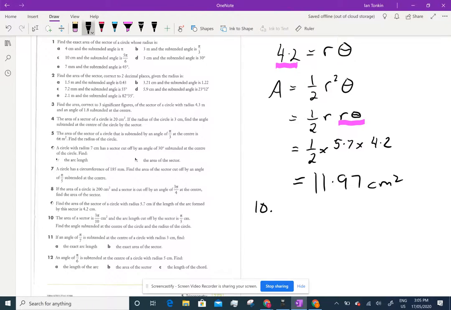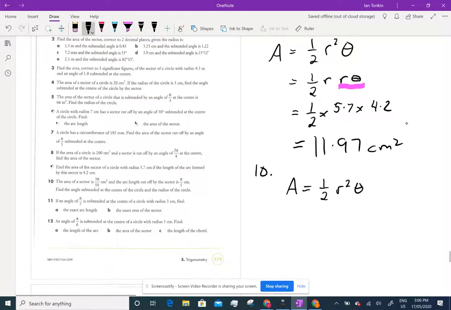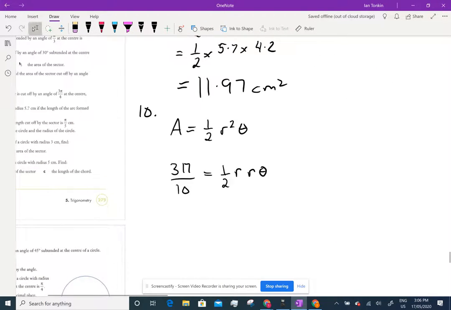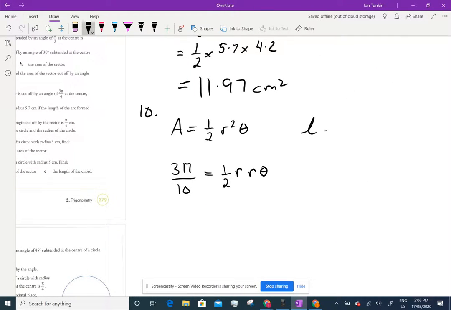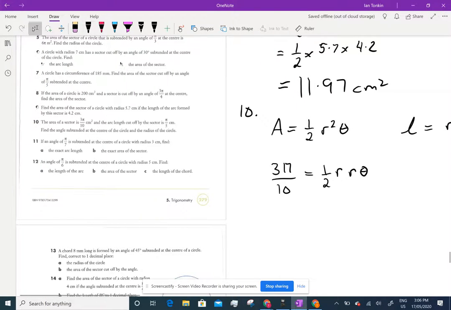It tells me to find the angle, then it tells me to find the radius. I'm going to find the radius first because area equals a half r squared theta. And they tell me that's 3 pi on 10 equals a half r times r theta. I'm going to put that there because you watch what happens. And they also tell me that the length of the arc, which equals r theta, is pi on 5.